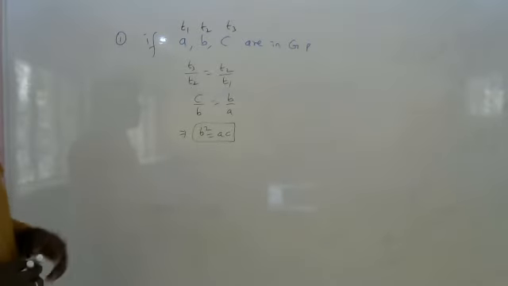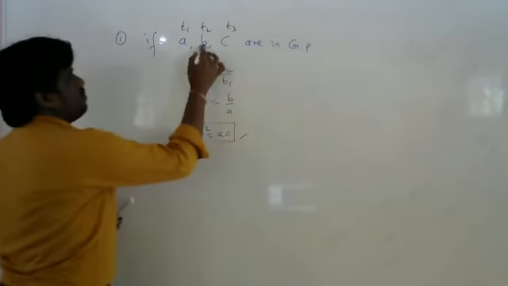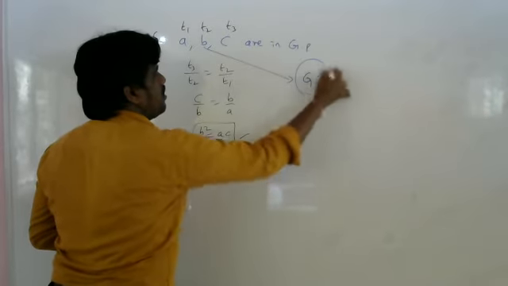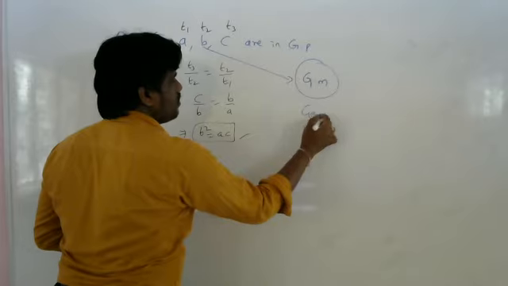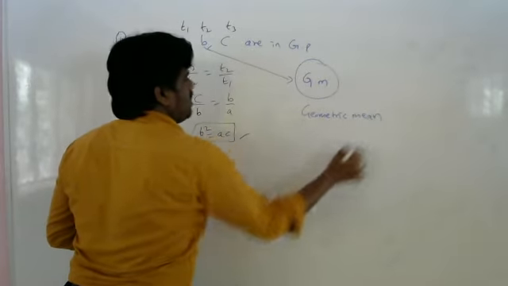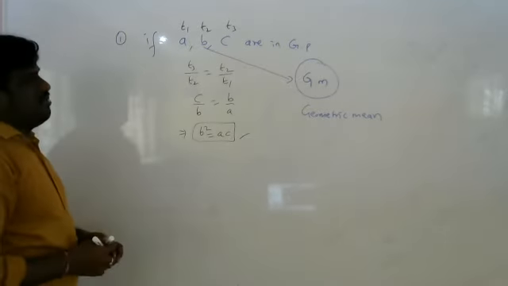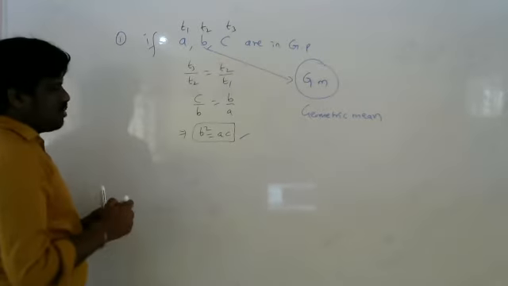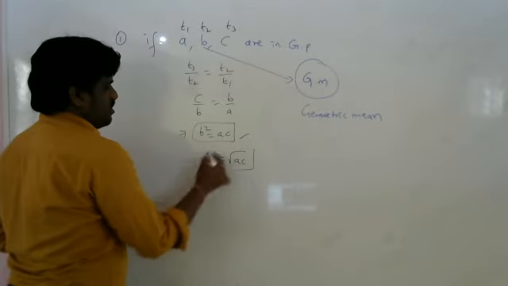If the terms are in GP, you get the condition B square is equal to AC, where B is called the geometric mean, GM. I can write B is equal to square root of AC.